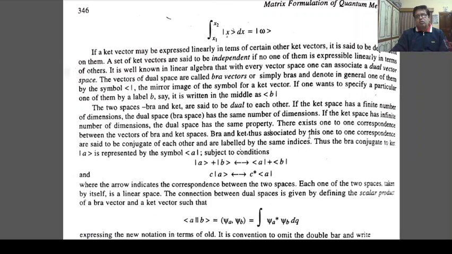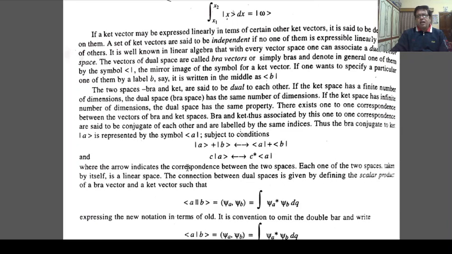Bra and ket, thus associated by this one-to-one correspondence, are said to be conjugate to each other and are labeled by the same indices. Thus, the bra conjugate to ket A is represented by the symbol bra A, subject to conditions: ket A plus ket B corresponds to bra A plus bra B, and C multiplied by ket A corresponds to C star bra A. Understand?